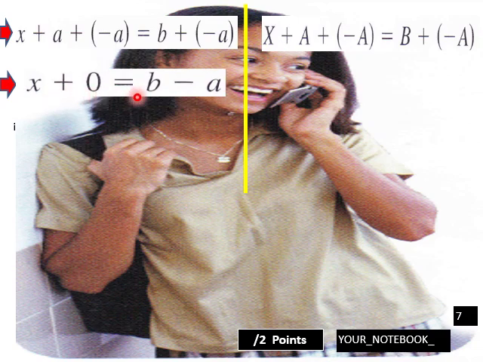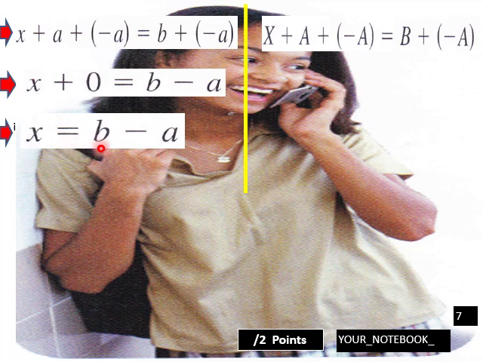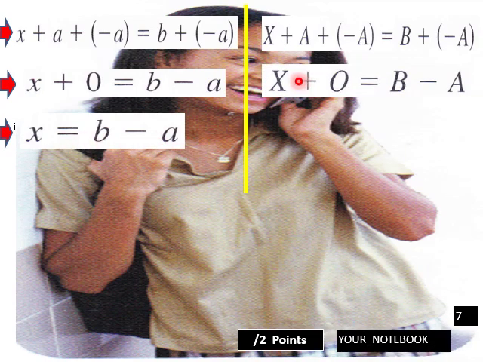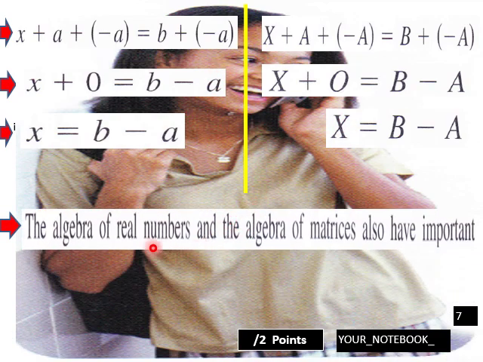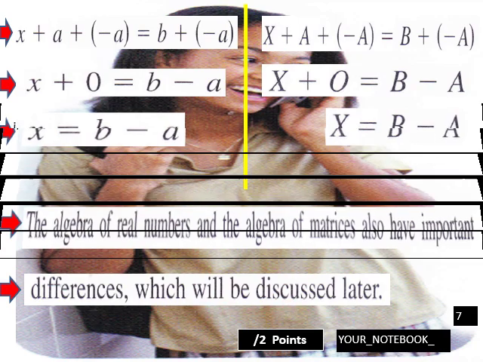So we have x plus 0 equals b minus a, and then this will be x equals b minus a, and then over here we have x plus 0 equals b minus a, and then x will equal b minus a. So the algebra will produce the same kind of result here. The algebra of real numbers and the algebra of matrices also have important differences, which will be discussed later.